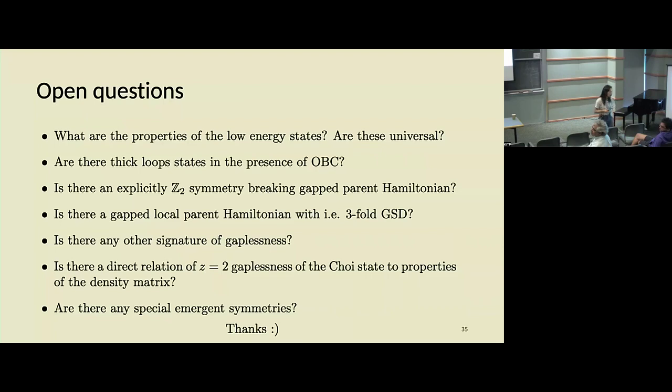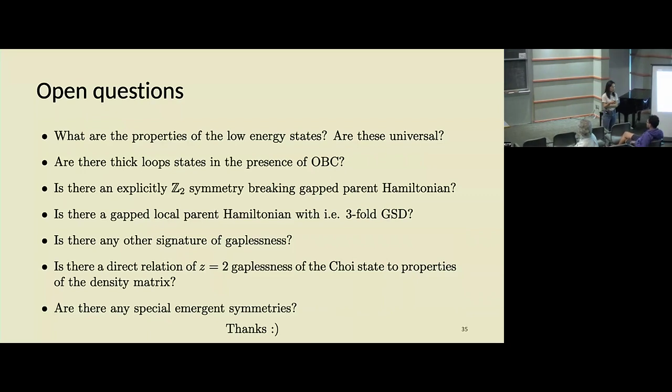In the large beta case, where the ground state is a cat state, is it possible to check whether some variational thick loop excitation would still be a gapless excitation? Is it possible to construct this and then verify it in the large beta case?